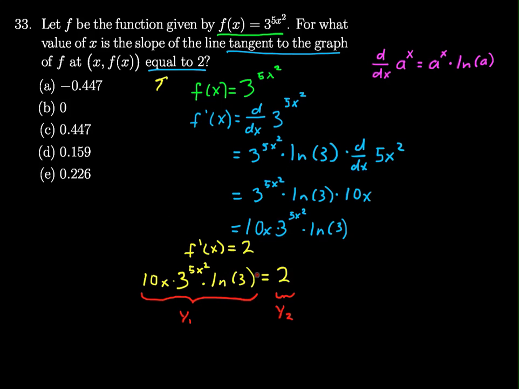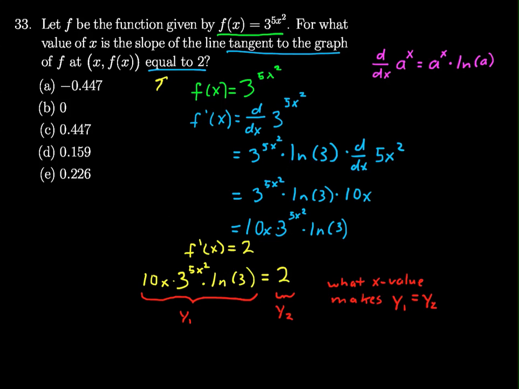And my goal is to find the x, so I want to find what x value will make this left-hand side y1 equal the right-hand side y2. That's what my goal is, and I can do that with intersecting these two graphs. And we'll look for the x value.